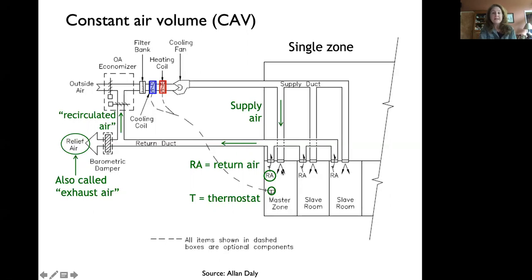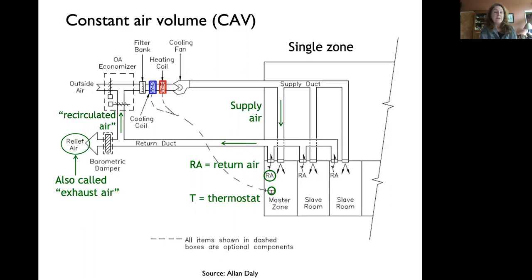So once it's supplied, it's going to mix up with all of the room air, and then it's going to get returned. So the return air is the phrase we use of what's getting returned from the space. It's going to go through the return duct, and then some of it is going to be exhausted from the building, and some of it is going to be recirculated.